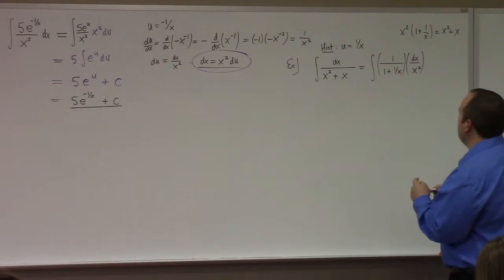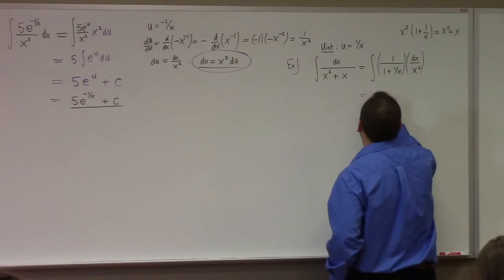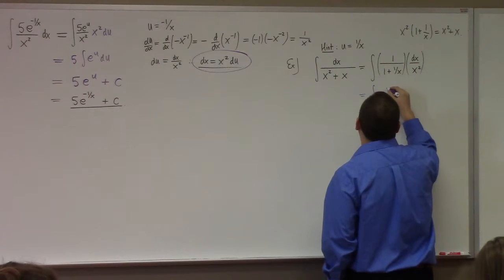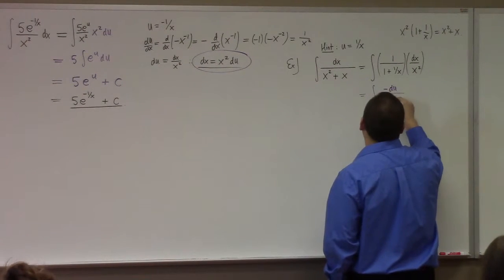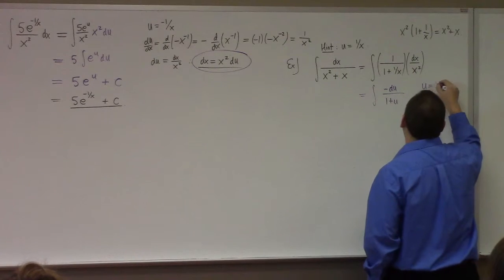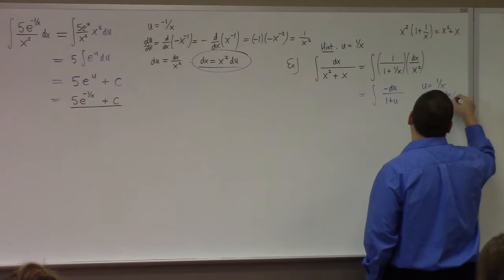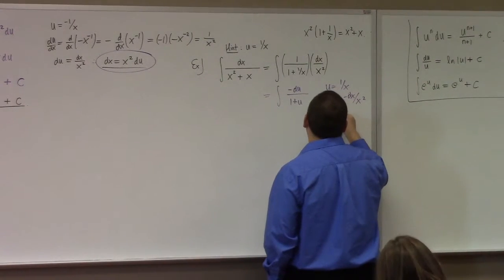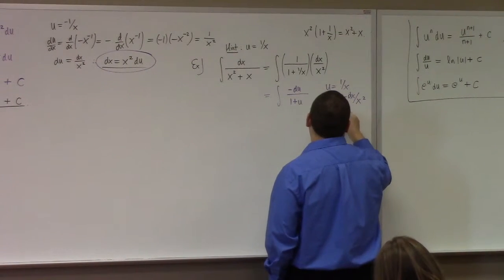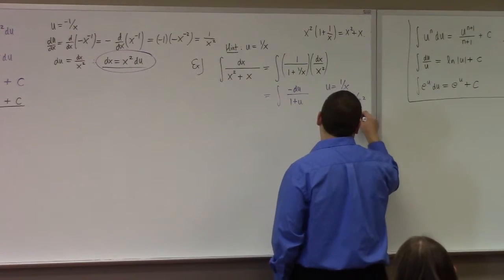And then this becomes the integral of minus du over 1 plus u. Because if u is equal to 1 over x, then du is minus dx over x squared. So dx over x squared is equal to du.